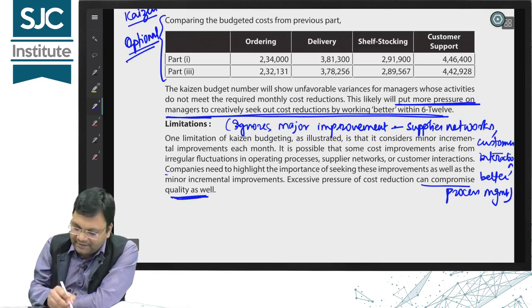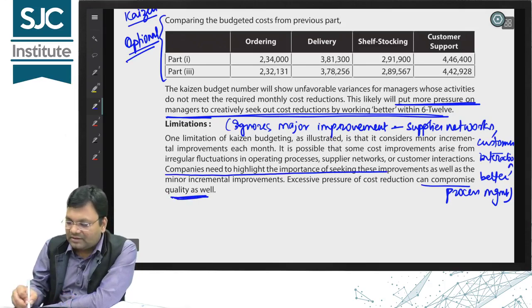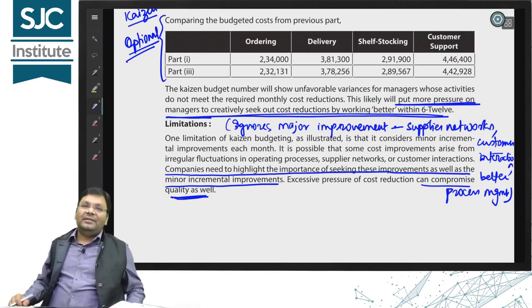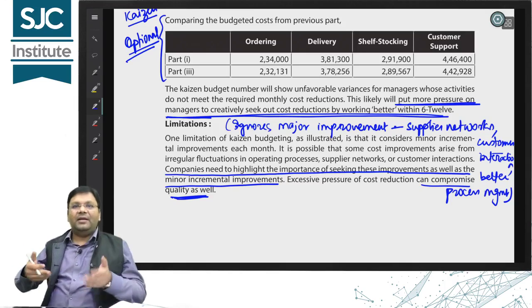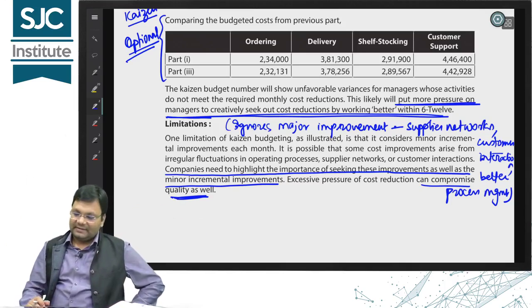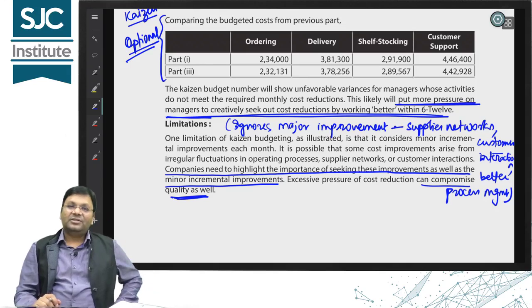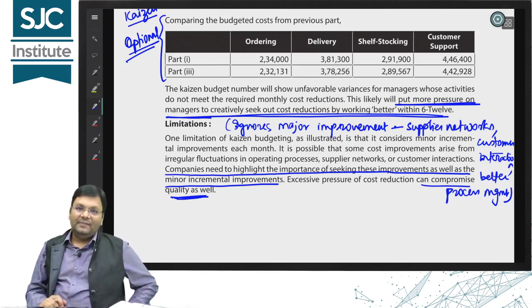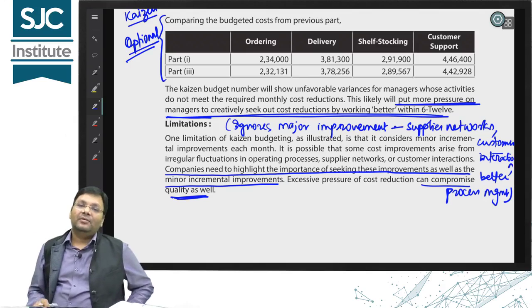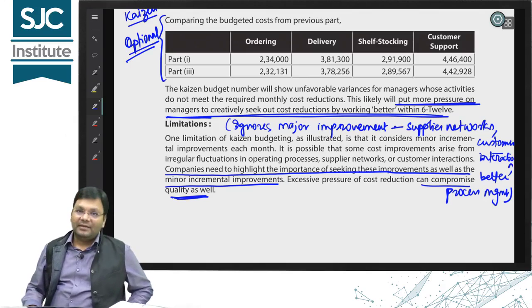So here we have written that companies need to highlight the importance of seeking major improvement as well as minor improvement. Many times companies become myopic, only focusing on minor improvement and missing the broader concept. We say no chindi savings. In my CA firm, we used to have strict regulation on the printing of pages.